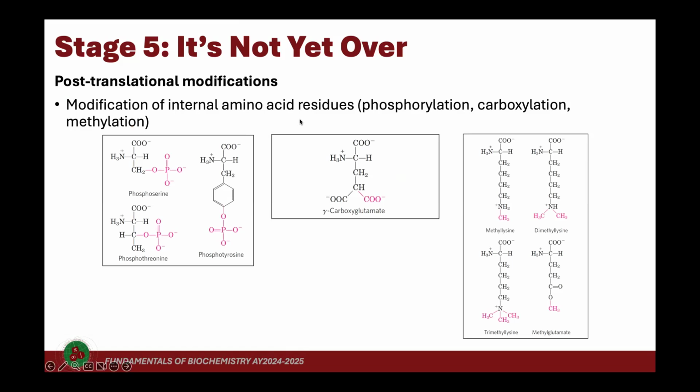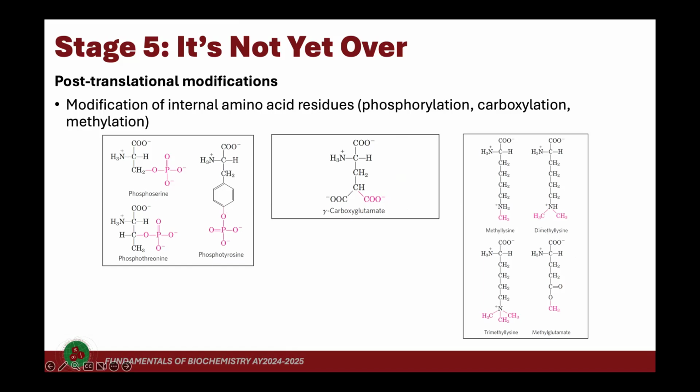Next, you can modify any of your internal amino acid residues. When we say modification, we are actually adding functional groups to these amino acid residues. We can add phosphates, we can add some carboxylates, and we can also methylate some of these amino acid residues.